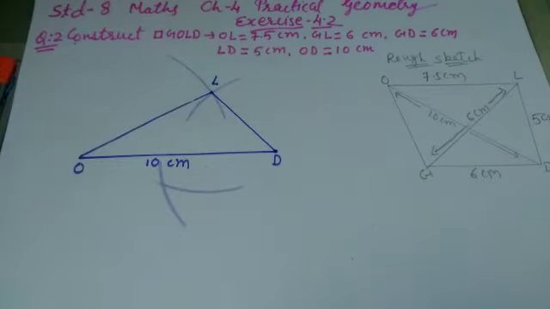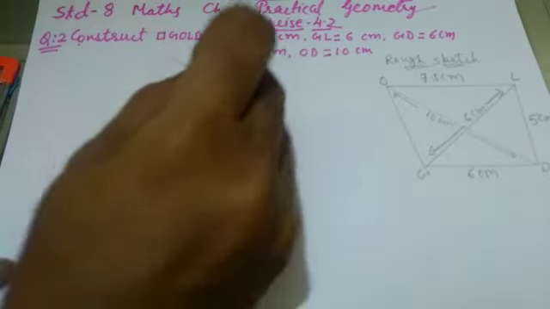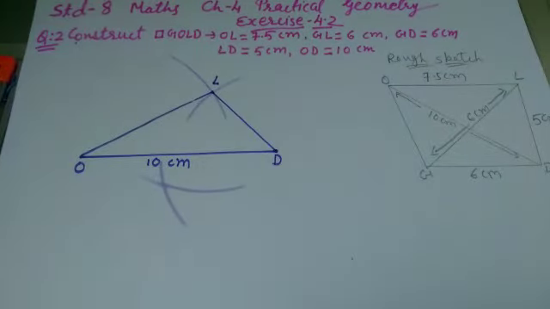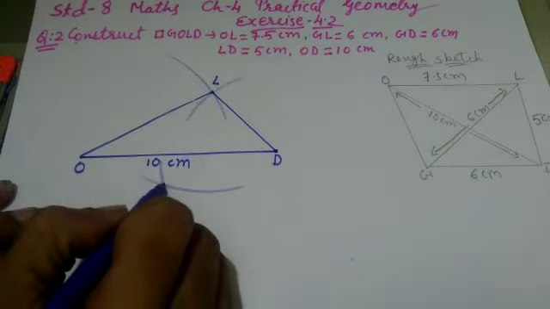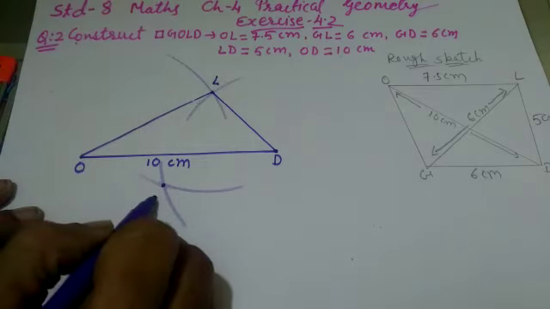Fine. Now here we get another intersecting point and we give name to that intersecting point as G.